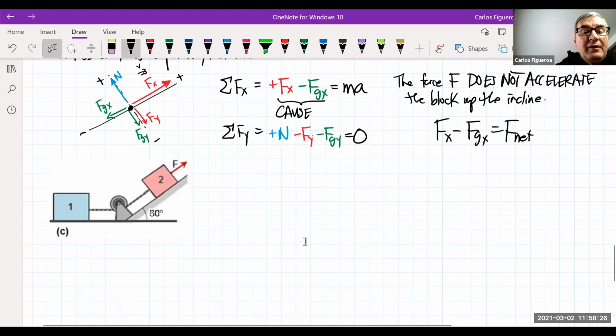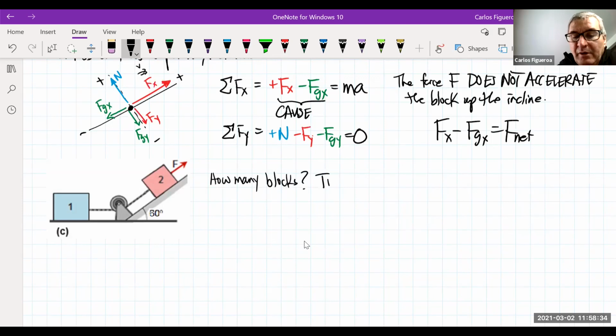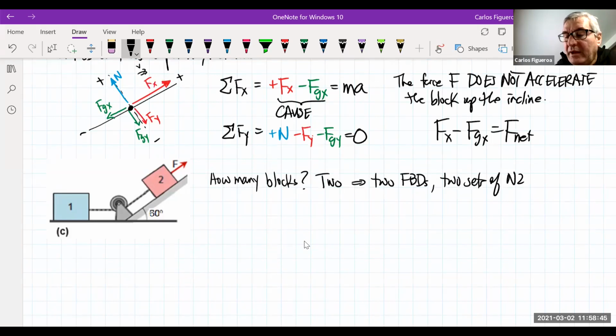Again, how many blocks? Two, that means two free body diagrams and two sets of N2L equations.